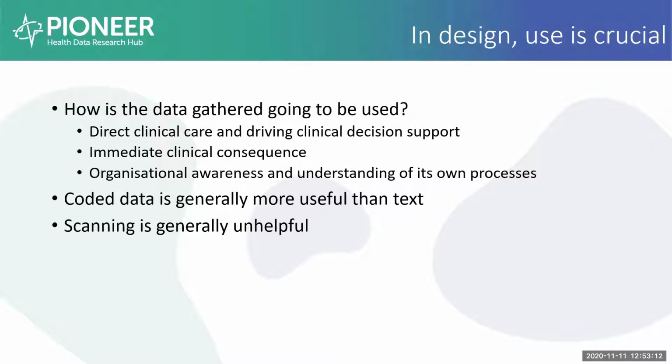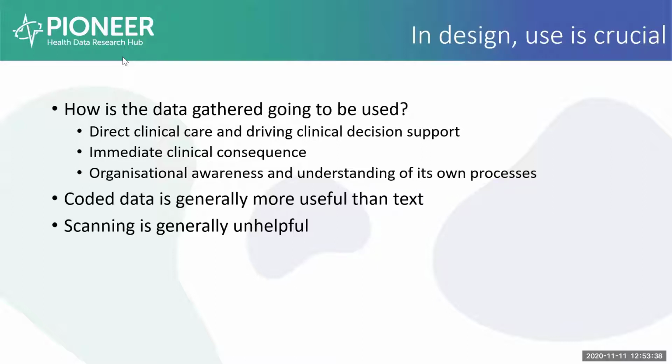So one of the big questions about how you're gathering all this data is how you're going to use it. For example, for direct clinical care and driving clinical decision support in the moment with immediate clinical consequence, we need to present the data in a different way than data that we're trying to give back to the organisation for its own awareness and understanding.